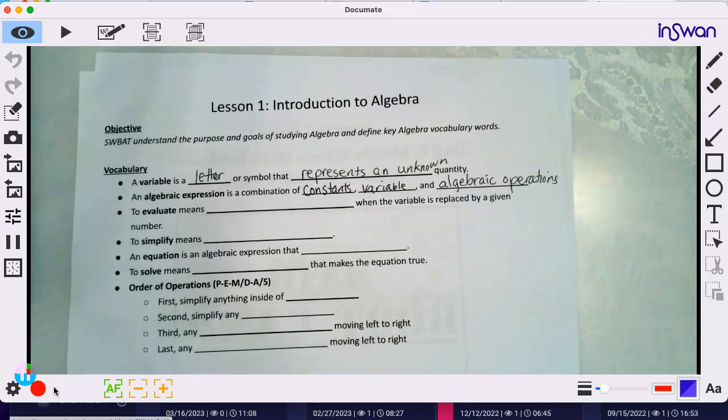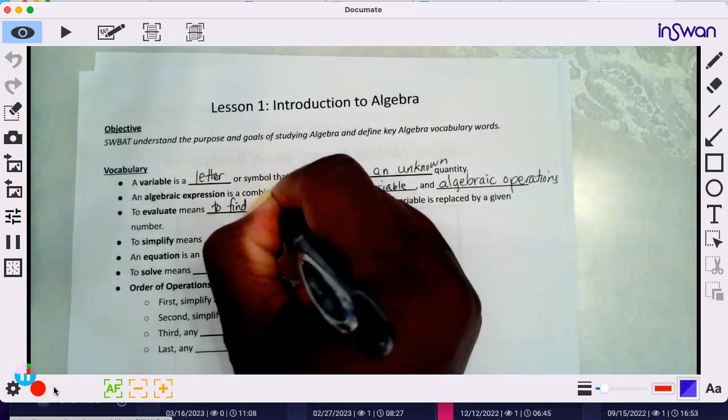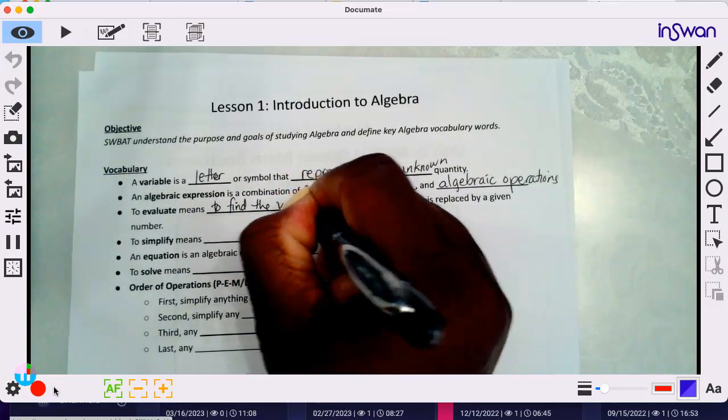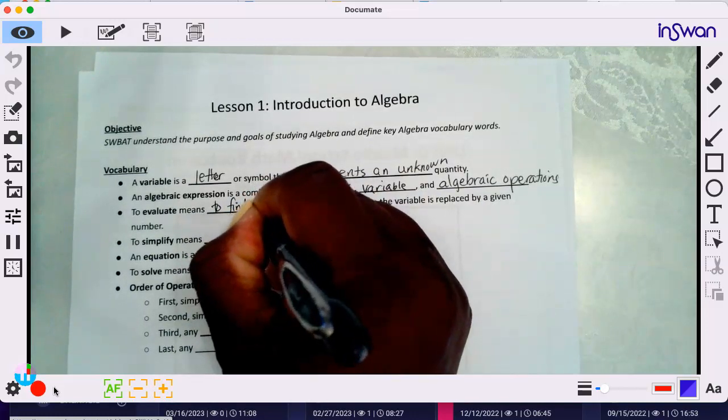To evaluate means to find the value of an algebraic expression.